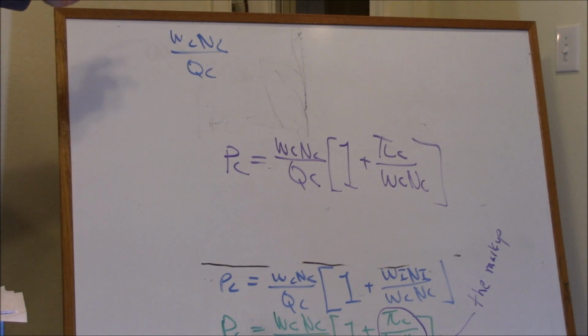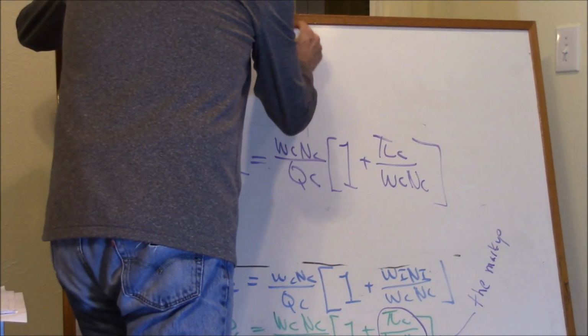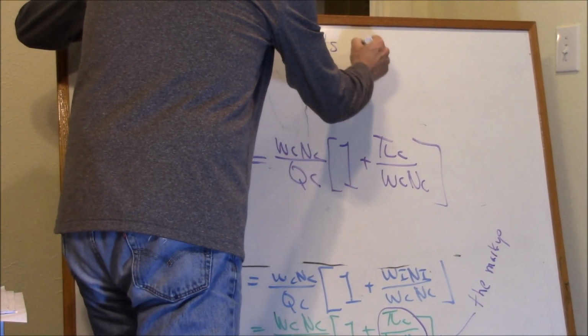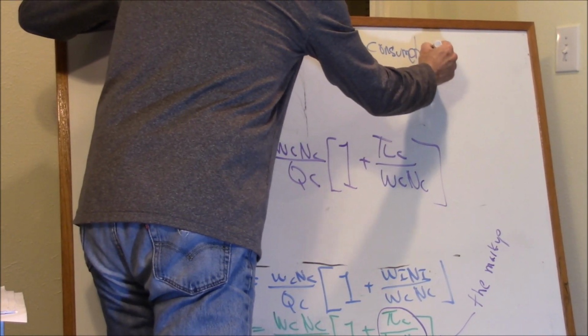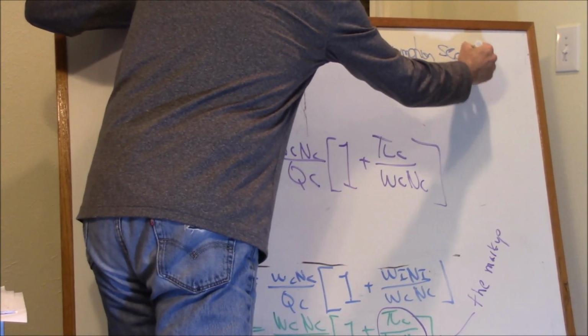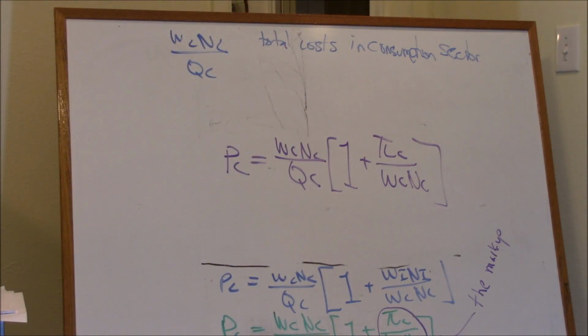What's the top there? It's the total cost of production in the consumption goods sector. I'm going to write that out. Total costs in consumption sector. All right, that's the total cost. Remember, at a macro level, the only cost is a labor cost.